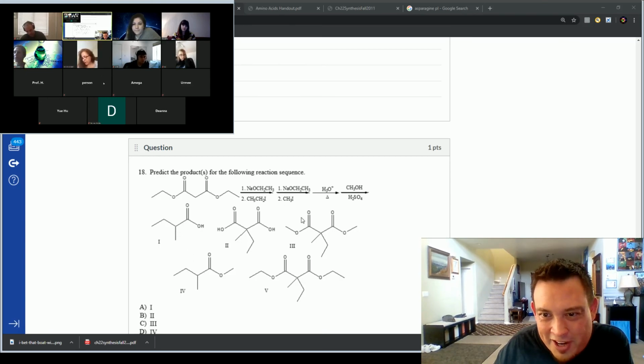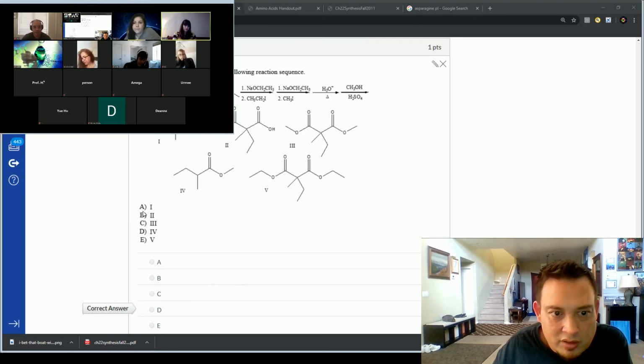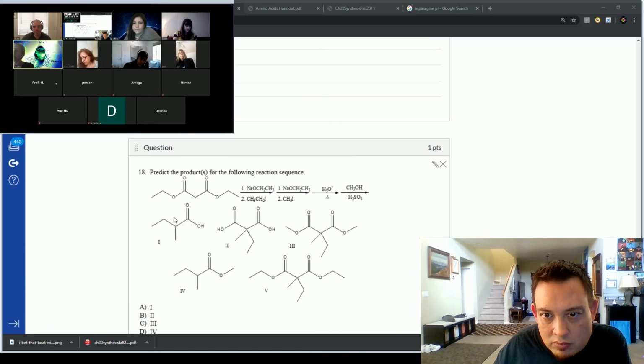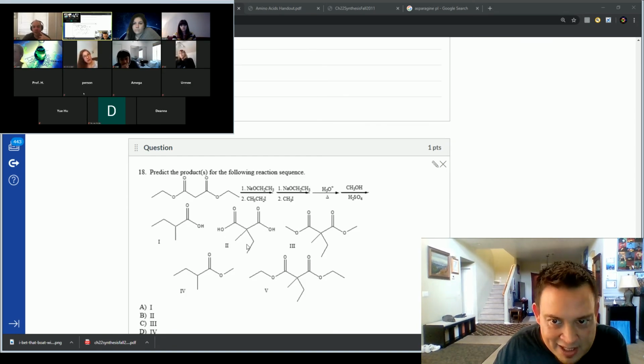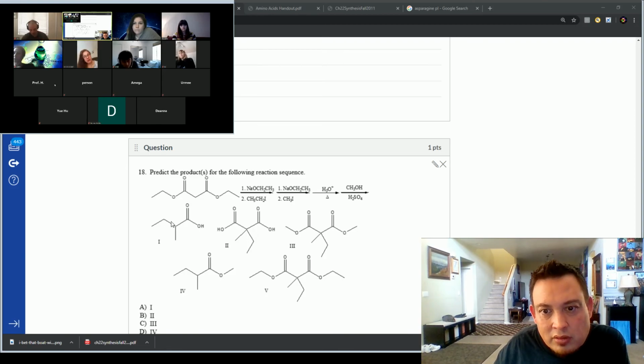So all your intermediates are kind of in here. And why does it not become B or number 2? I was saying that after you do your first couple of reactions, choice 2 is where you're at, and then that decarboxylates to become choice 1. And then the esterification makes choice 4.